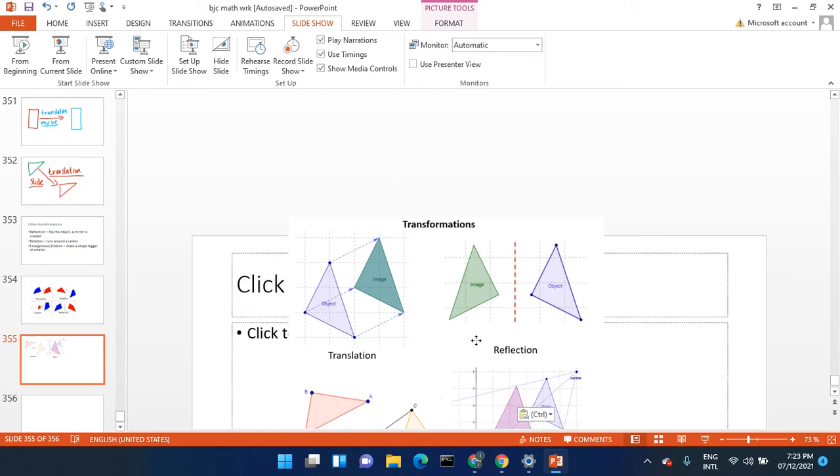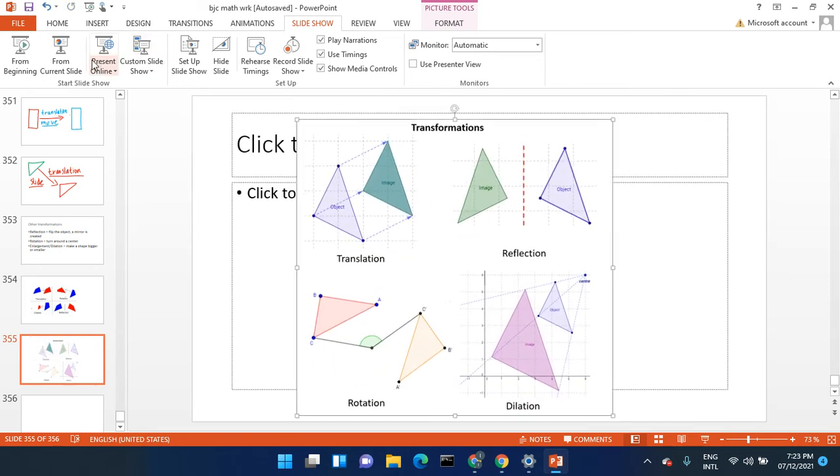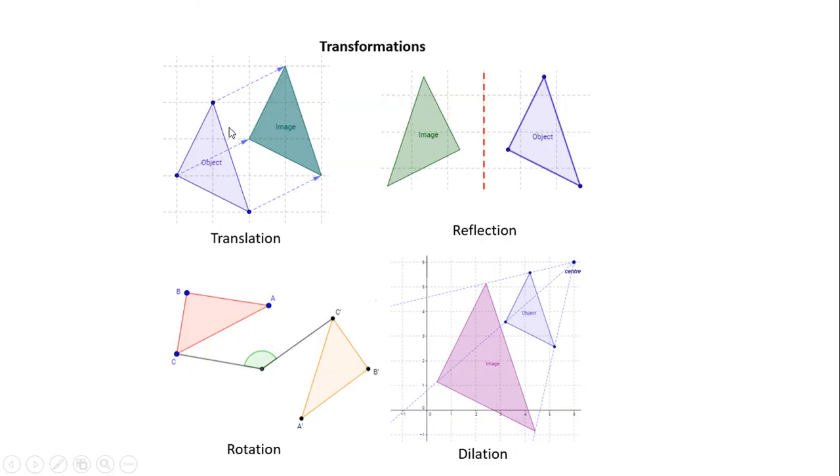So let's dwell on this one right here. These are the different transformations that we could have. We can have an object and we move it, right? So just sliding it over is going to be a translation. We flip the object along this line of reflection, and so this is a reflection like a mirror image.